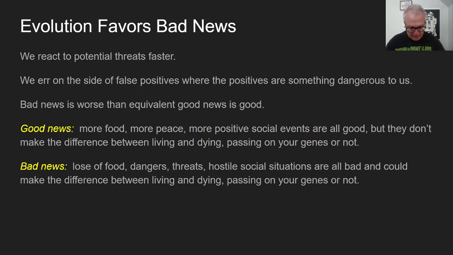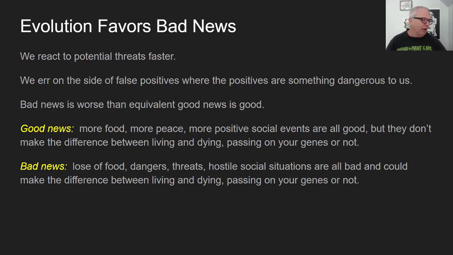I don't have some of the data here, but when you look at the polling data for the last presidential election in the United States, and you look at what people were worried about, the odds of your being the victim of a terrorist attack are a tiny fraction of a percent, but you've got 40 or 50% of the population saying they're really worried about being the victim of a terrorist attack.